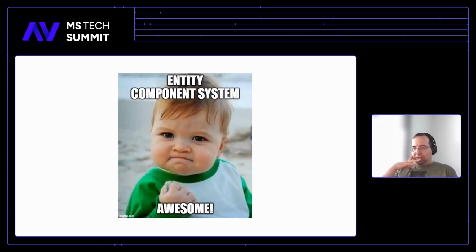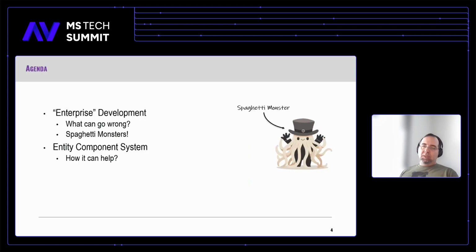I would like to try and convince you that this pattern is awesome and very useful, and not only in game dev, but also in enterprise development. We will get back to the ECS pattern a bit later. First we'll discuss enterprise development, what kind of things can go wrong, and how spaghetti monsters can get born out of pretty much following recommended use cases and best practices.